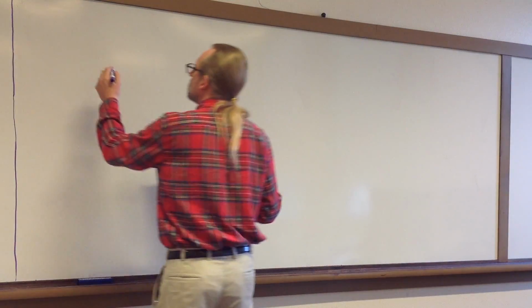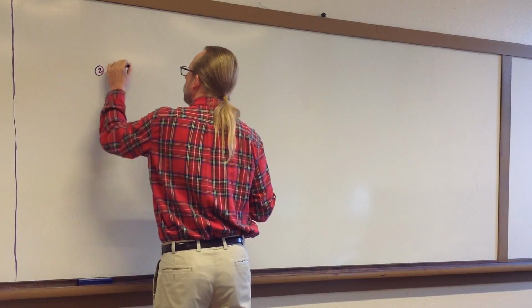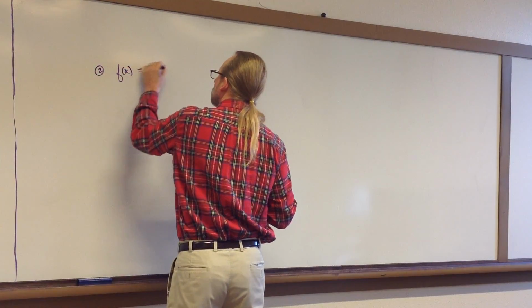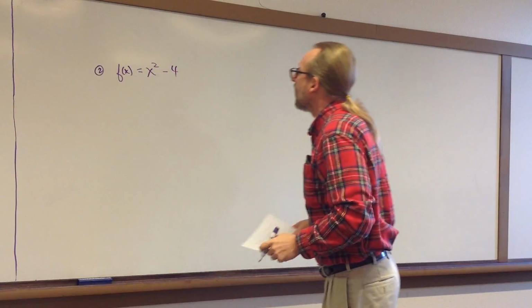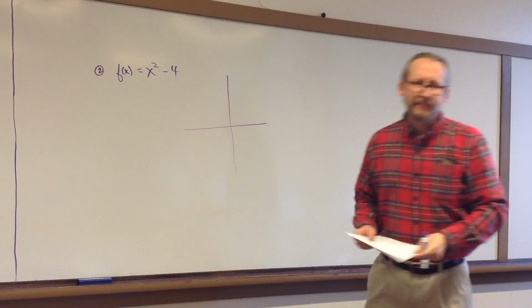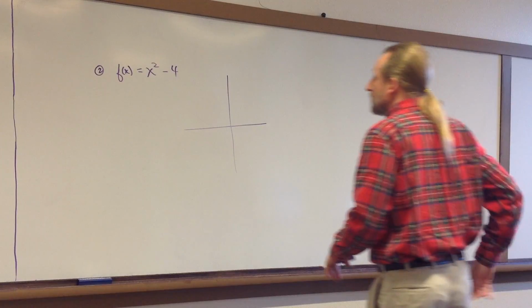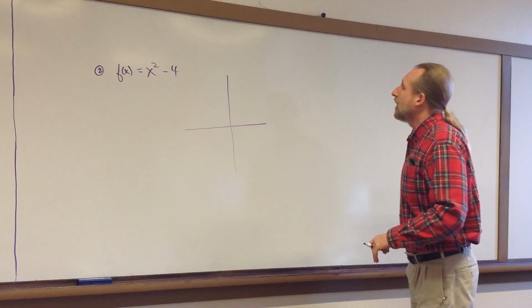Problem 2, we want to sketch a graph where f of x is x squared minus 4. These don't have to be too exact. If you have a grid to graph on, it is good to make sure that your graph is passing through some realistic grid points.